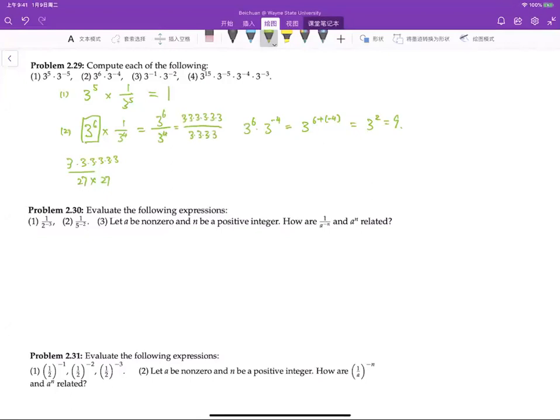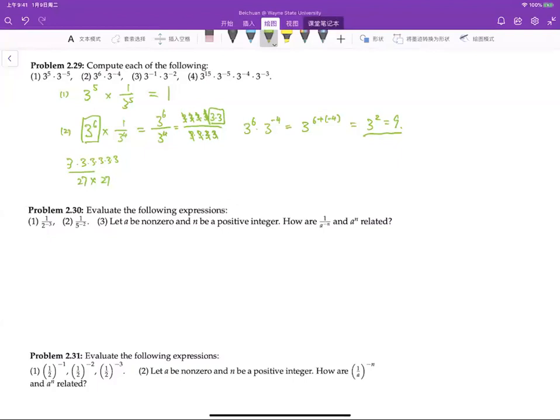So if I use the definition of the exponents, you'll see that they are canceled, canceled, canceled, and canceled. So there is a 3 squared left in the numerator. So that's why the answer is +9. Right. Anyway, so that's good.